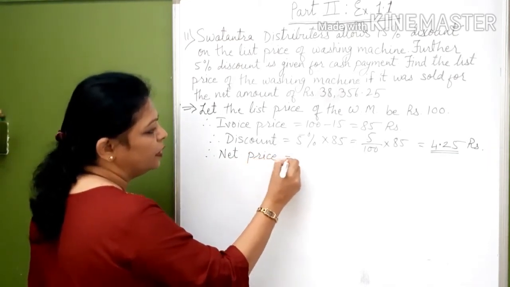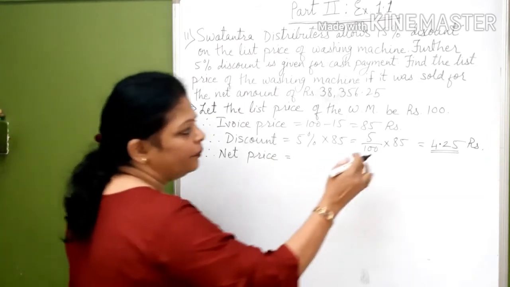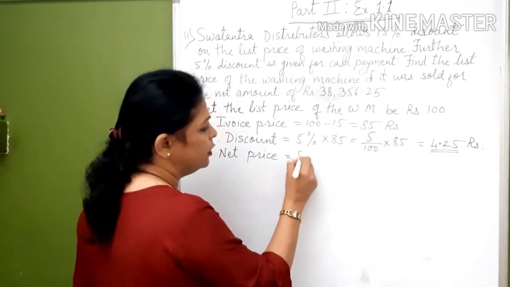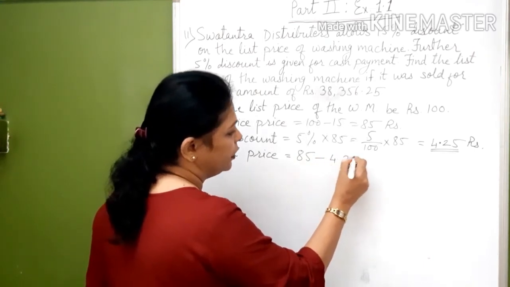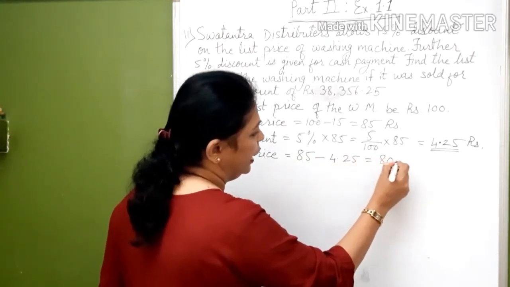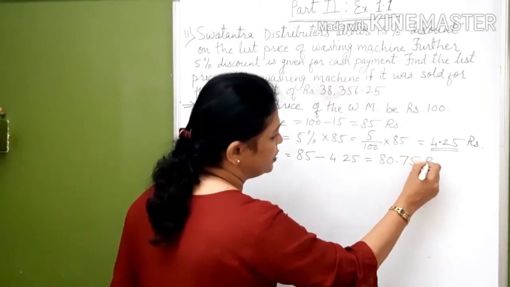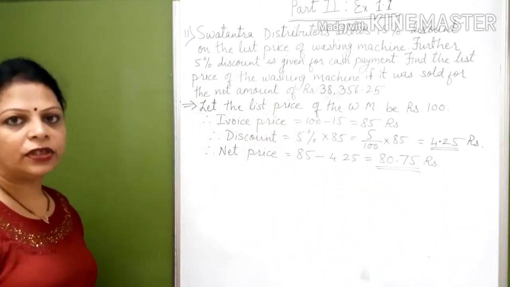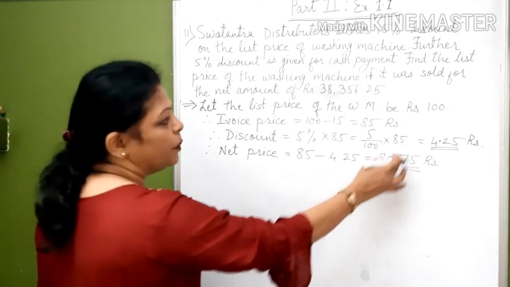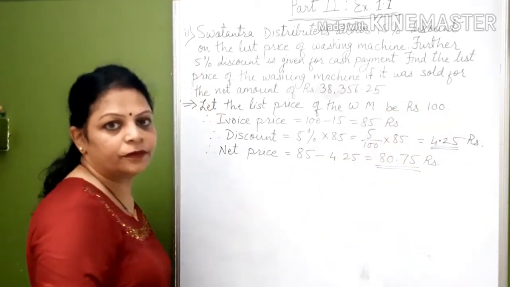Net price of the washing machine will be 85 minus 4.25. So that comes to 80.75 rupees. Now this is your net price or net amount when the list price was 100.